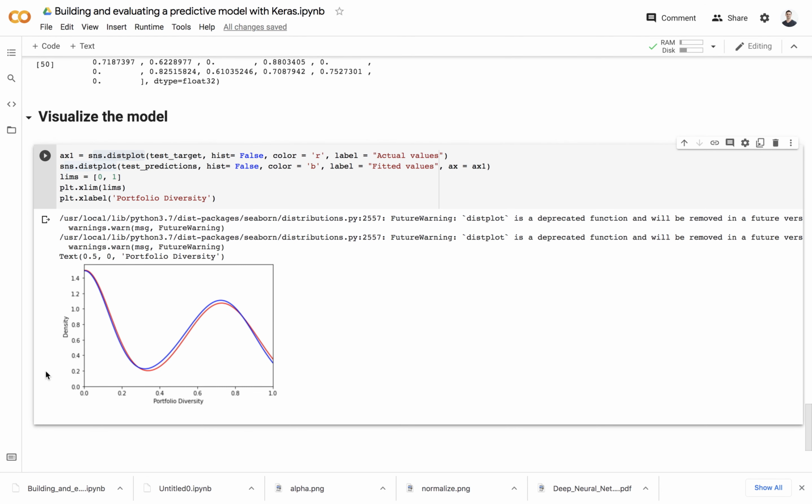Here we can see in this graph that the predicted values are quite close to the actual values, which means the model is quite good. It's a little bit off around 0.4 and here at 0.8, but overall the model is doing quite well in predicting the test dataset.